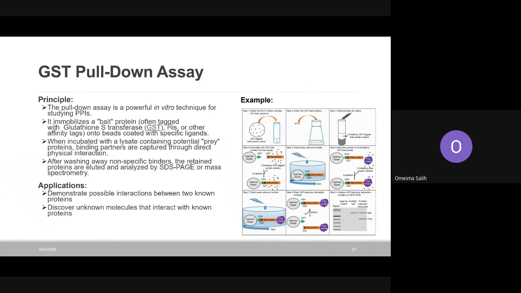It's a tedious process, but yet it's one of the processes for studying protein-protein interaction in the laboratory without the use of live cells. So in this case, you are testing a known protein against unknown proteins. It's a type of demonstrating possible interaction between two known proteins or unknown and known protein.